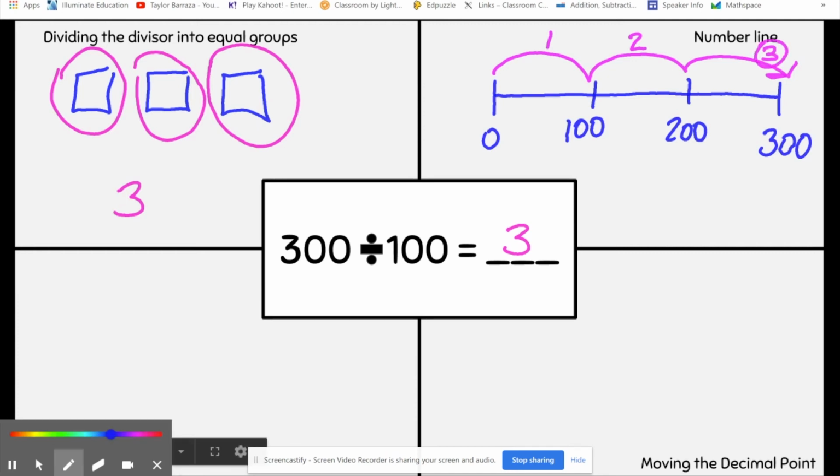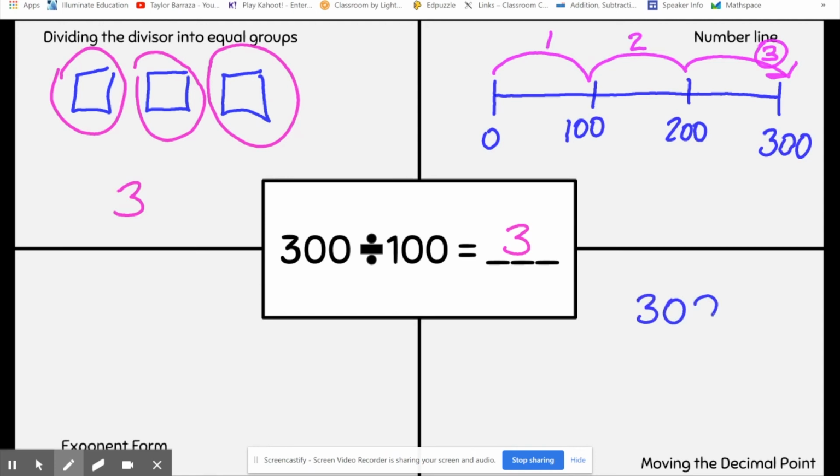In order to double check my work using the strategy related to moving the decimal point, I'm going to rewrite my divisor and show the decimal point. Based on the patterns I've been seeing when I divide by multiples of 10, I know that I need to move that decimal point as many times as there are zeros in my multiple of 10.